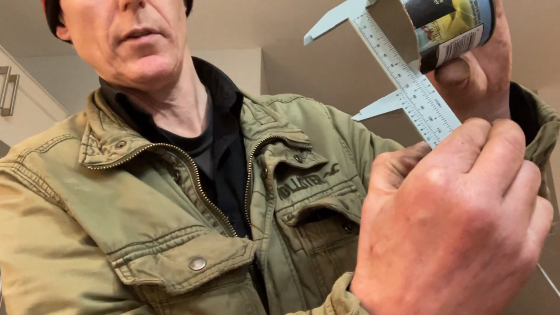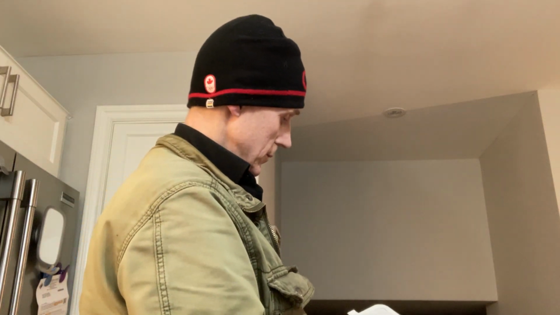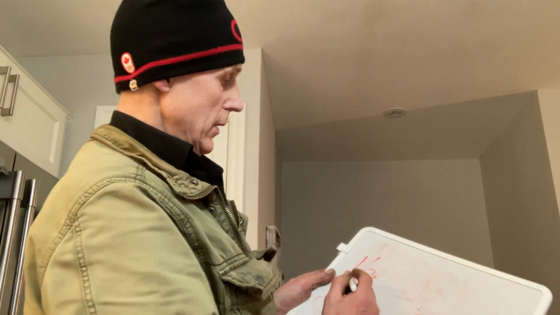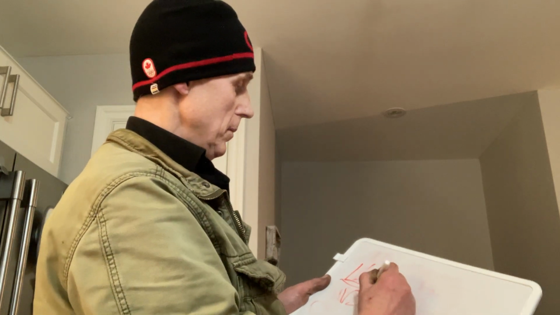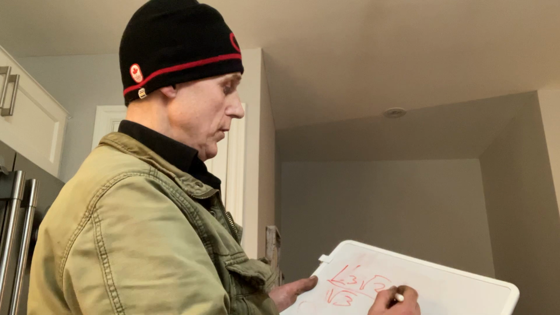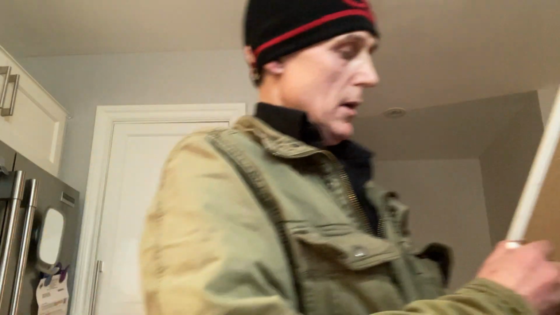Okay, so from our formula there, we know the diameter, that's the 3D length. So we're going to divide that by the root of 3 and multiply it by the root of 2, and we're going to end up with a 2D length. If you do that yourself real quickly, you'll end up with 59.